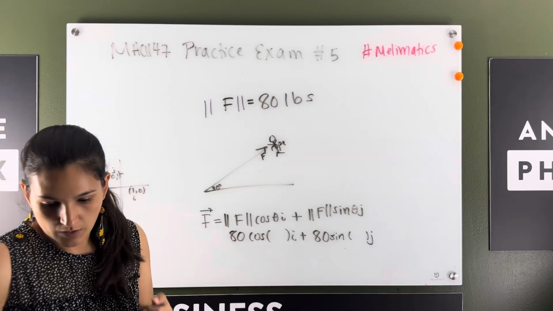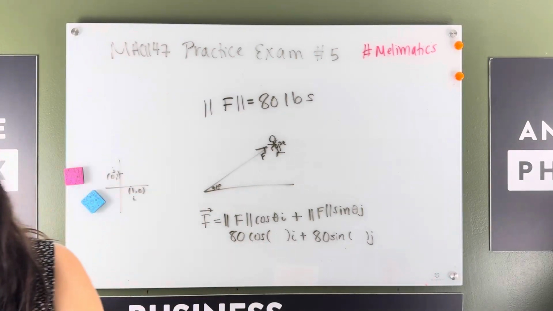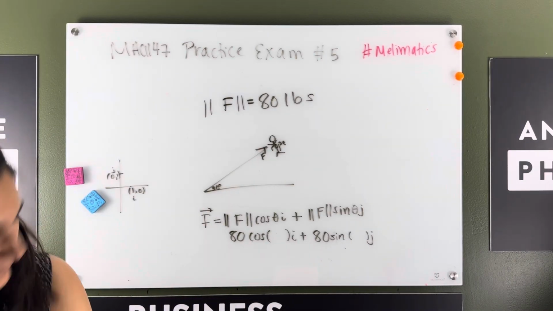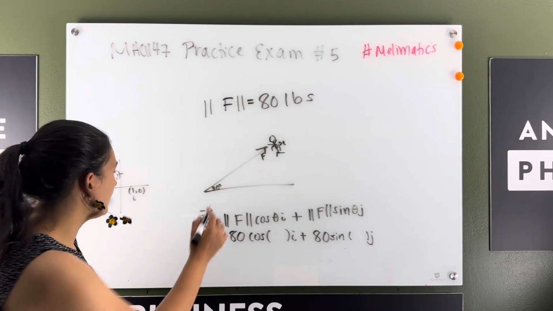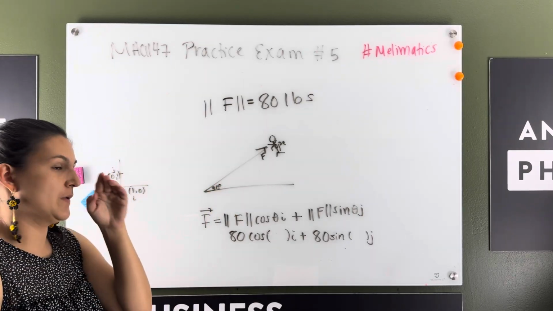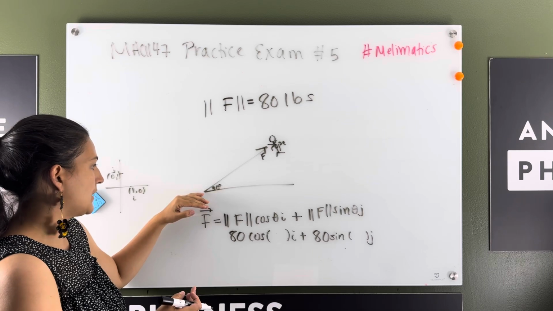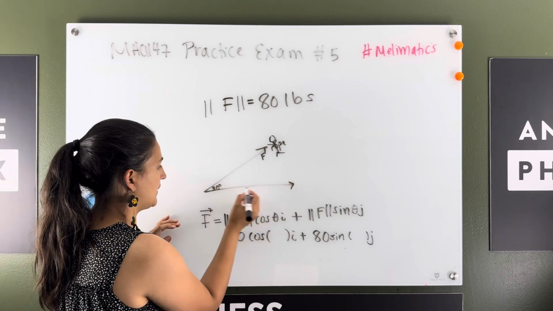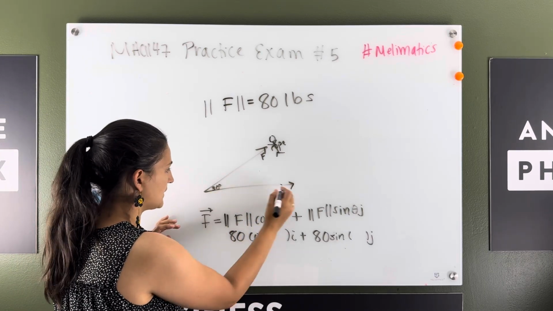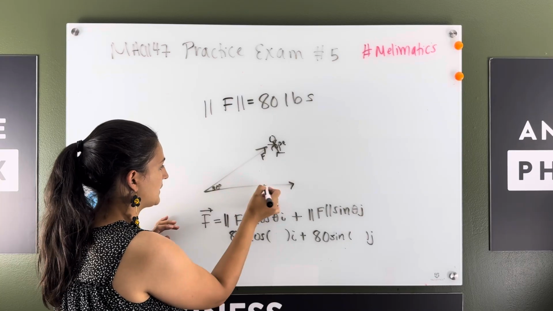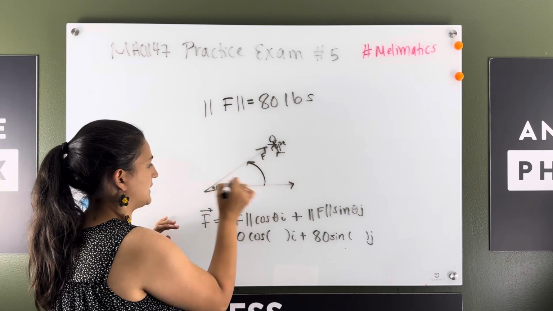Okay, so let me see. Okay, so we have here 30 degrees. Now remember that it's always calculated counterclockwise. So since this is a first degree angle and we're going counterclockwise from the x-axis, the right side of the x-axis, then it stays as 30 degrees.